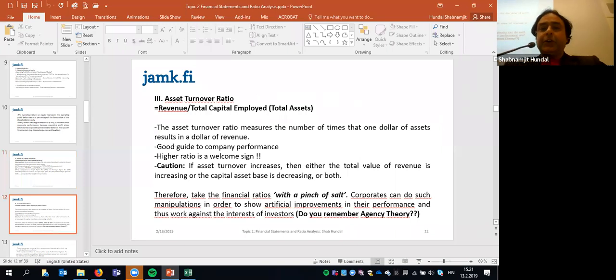The third ratio is quite simple, but this time we don't divide any profit by the total capital employed. We divide the revenue by the total capital employed.